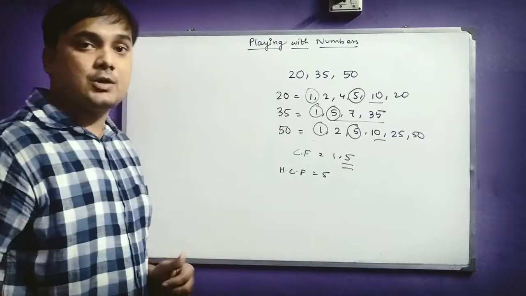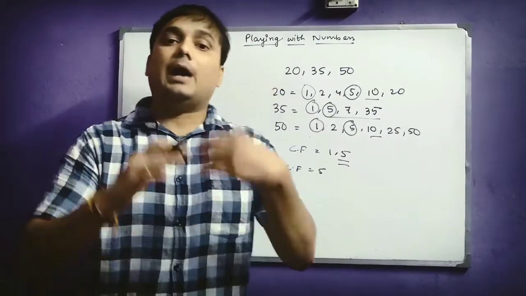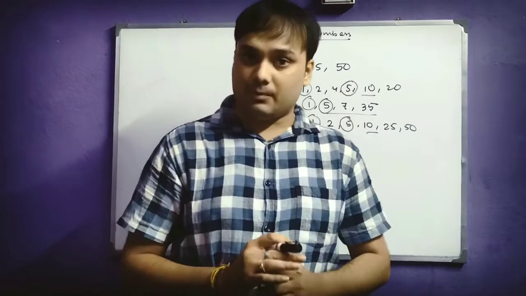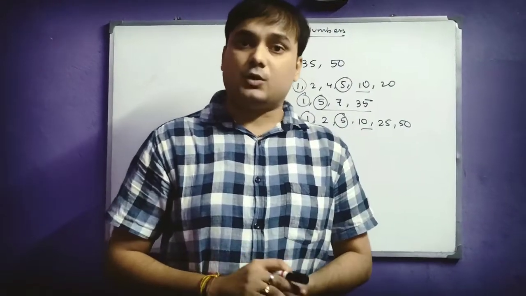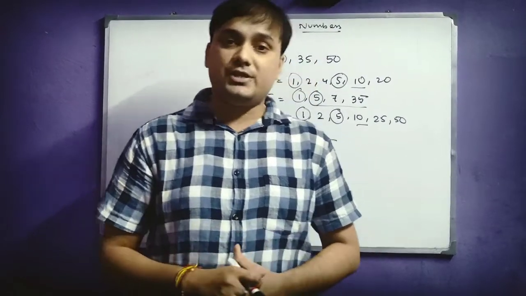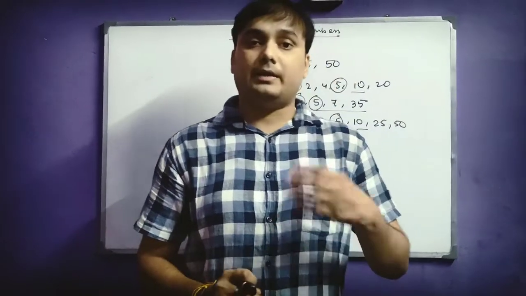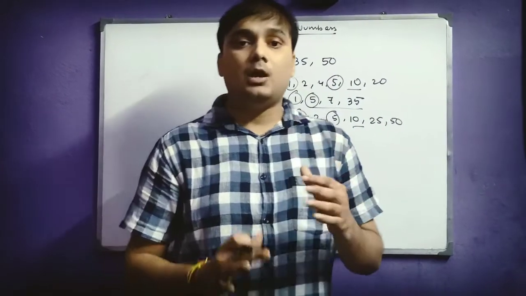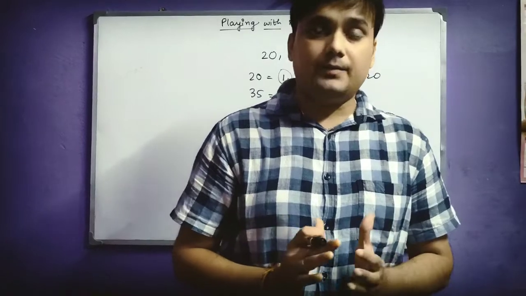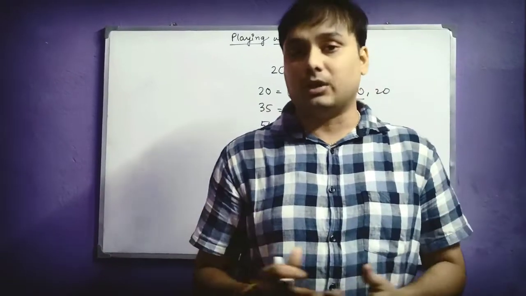So the highest common factor means, first you need to know what are the common factors. Among those common factors, the maximum one, the greatest number, that will be your HCF, or you can say that number as GCD, greatest common divisor. So students, in the next part we will be understanding the various ways in which we will be finding the HCF of any 2 numbers or more than 2 numbers.